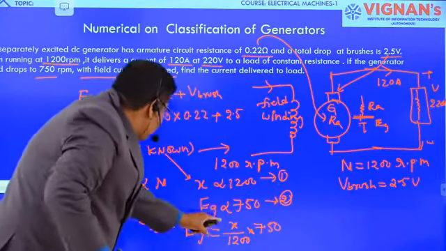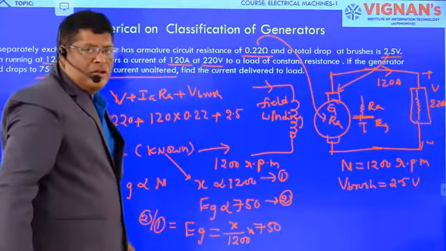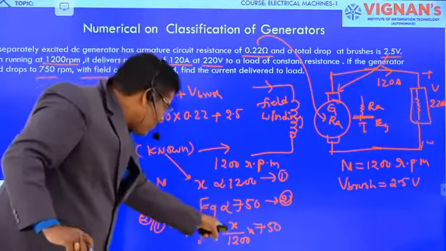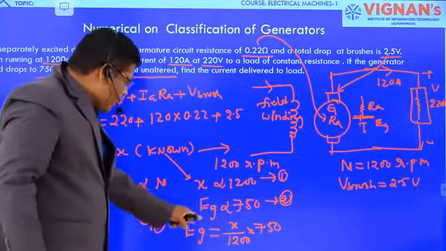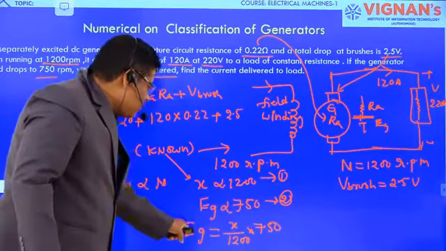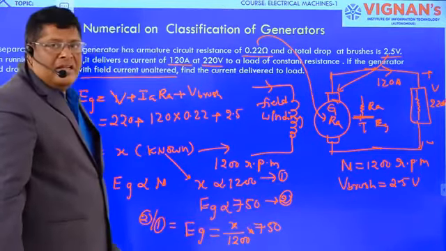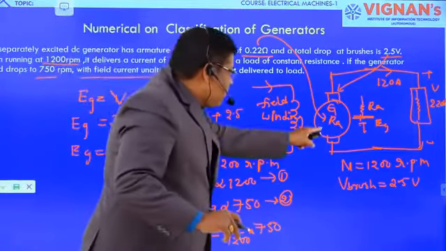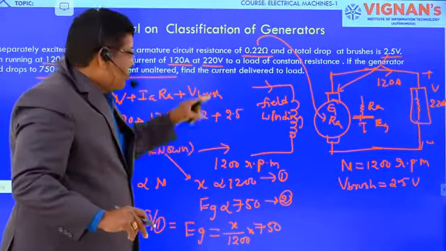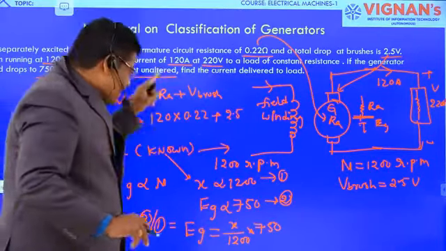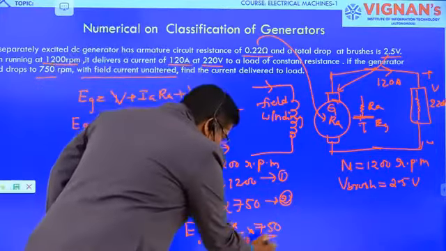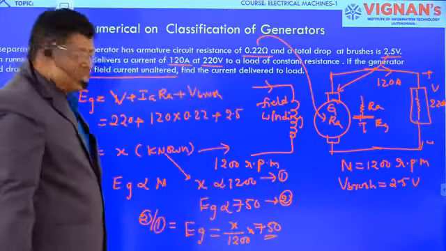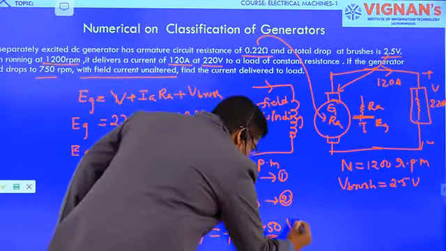See what is X here? Already we calculated the X value. So whatever value calculated here, you take up here. X by 1200 into 750. This much voltage will be generated in the generator when the machine is running at 750 rpm. This is in volts.